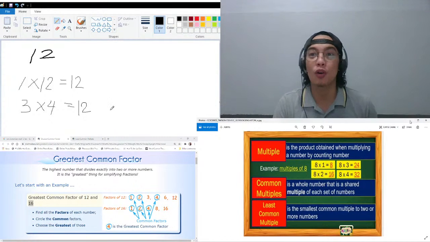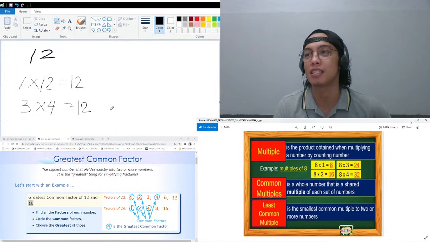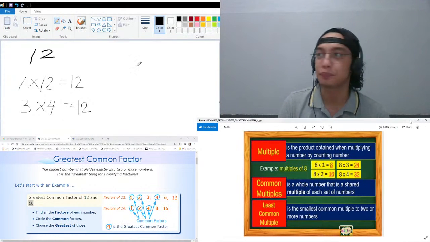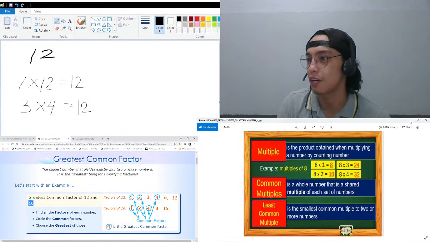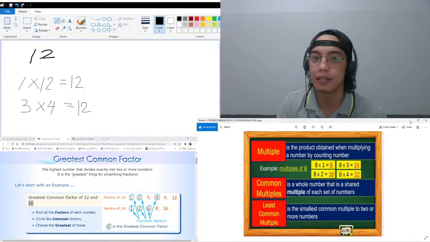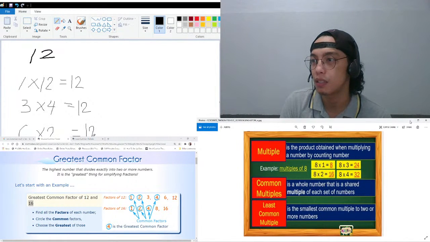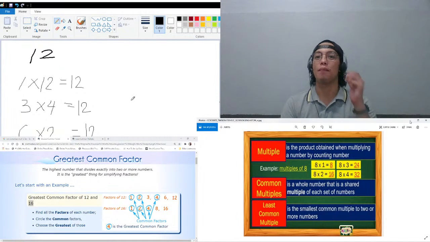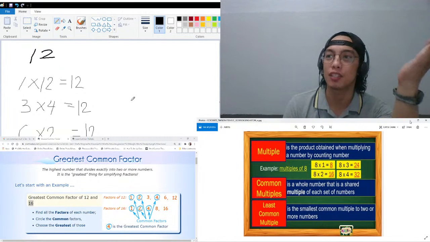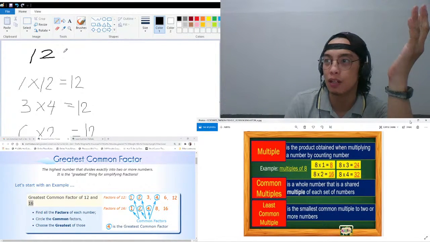Ayan. Gusto ko tag 1. 1 times the number. That's a factor. And, yan, naklaro ra. Good. And, sa paman lain, 6 times 2. 6 times 2 equals 12. So, muna sila ang mga factors sa 12. So, mga factors ato sa 12 are 1.